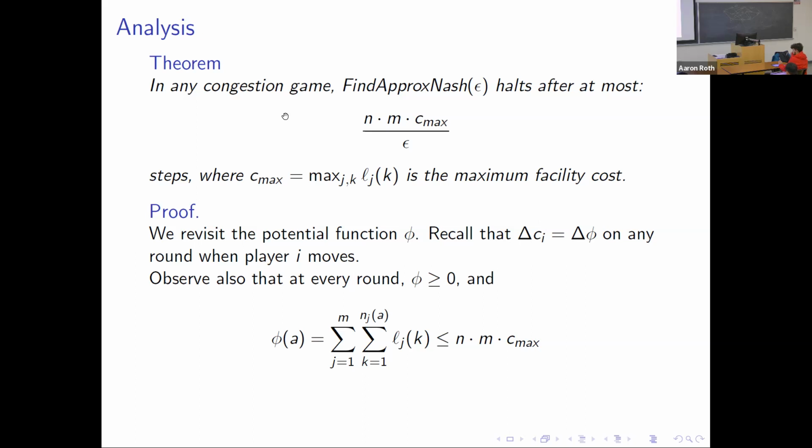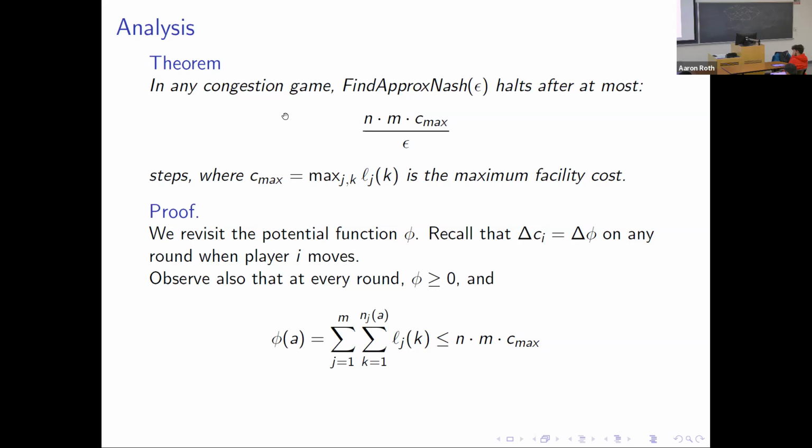In the worst case, that's all of the players, it can't be more than all of the players. So let's pay a factor of n here. And each term in this sum is the cost of the facility when some number of people are playing on it. Each of those costs can be at most the maximum cost for that facility, which is this number that we called C max.